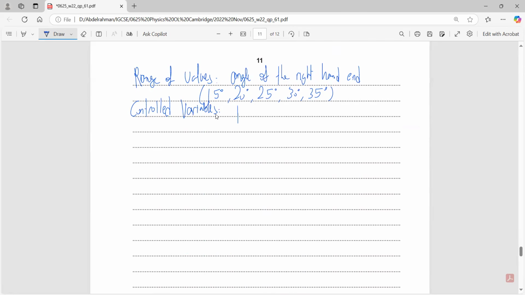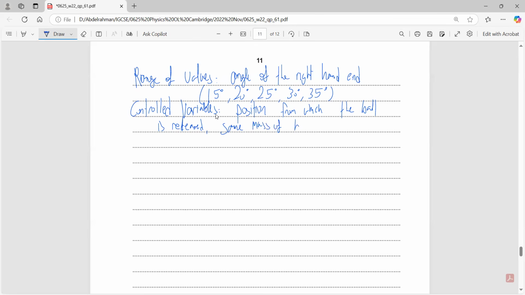Controlled variables: the position from which the ball is released. What else? The same ball. You actually need to use the same ball, the same mass, same material. Do not change the ball.